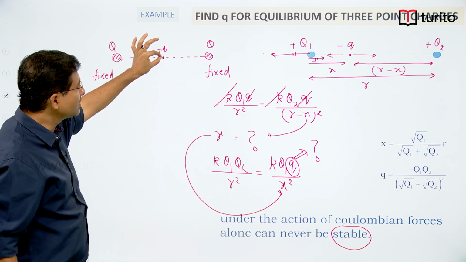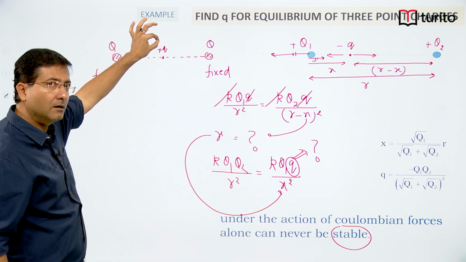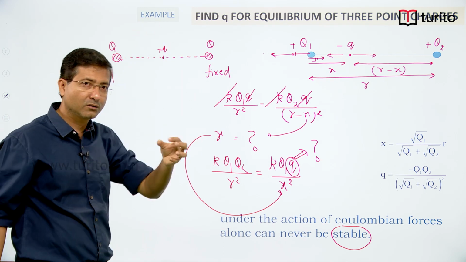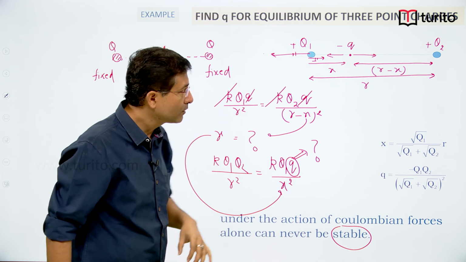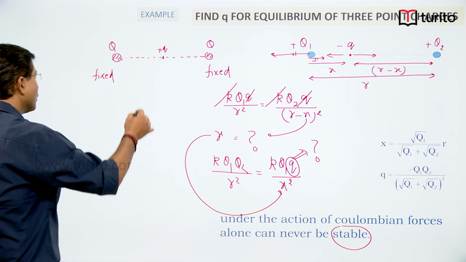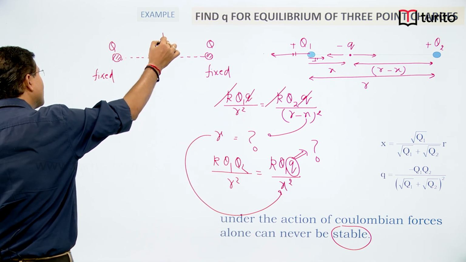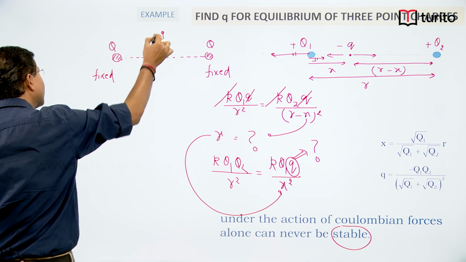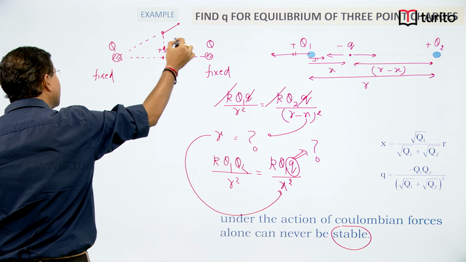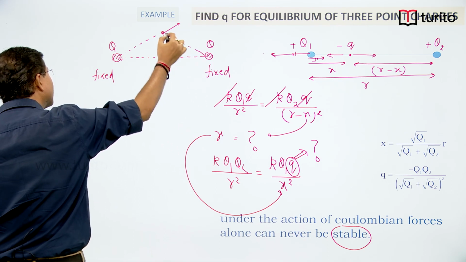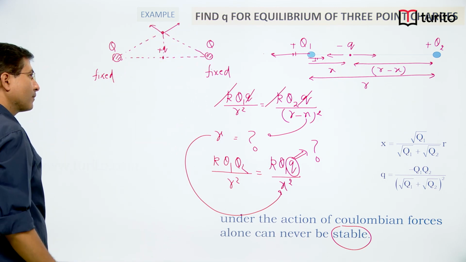If I displace this charge little along y direction, so I displace the middle one in y direction. So, if I displace this one in y direction somewhere here, then this starts exerting force along the line joining in this direction, and this starts exerting force along the line joining in this direction, right.